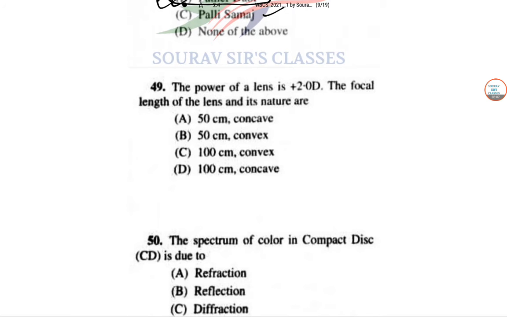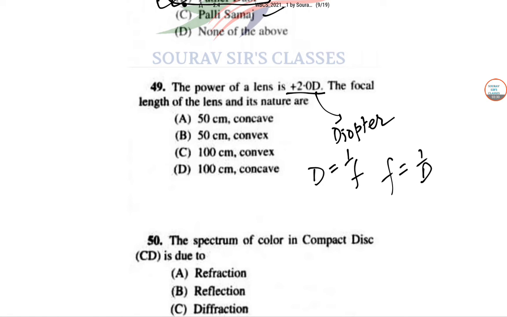The power of a lens is plus 2 D. The focal length of the lens and its nature are? Before telling that, what is this D? This is actually diopter. D equals 1 by F, where F equals focal length, so F equals 1 by D, but with respect to that the centimeter value will also change, and this will give you 50 centimeters.